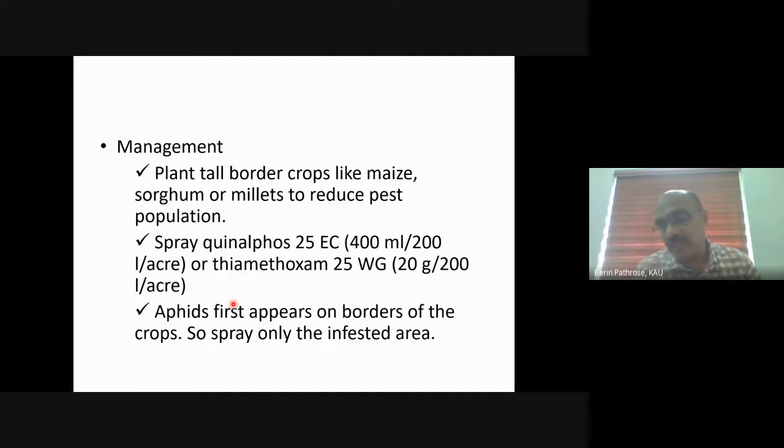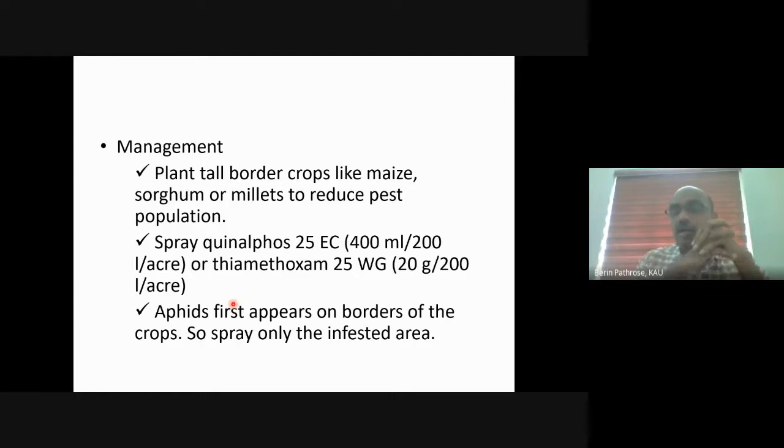Hardly it will reach 60 centimeter height, 2 feet height. On the border, we will plant maize or sorghum. Maize or sorghum are quick growing. They grow to more than 1.5 meter height. So it will act as a boundary wall around the main crop, that is wheat. And this boundary wall will prevent the entry of aphids.